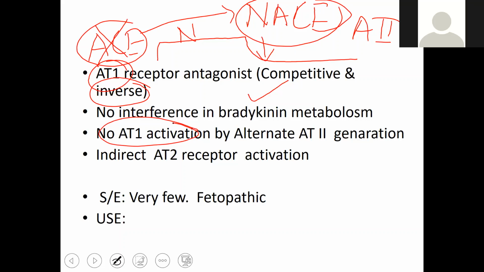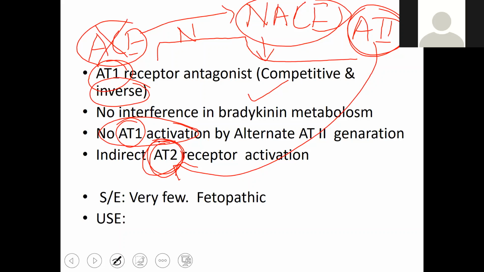Okay. At the same time, what happens? Whatever angiotensin 2 is synthesized, it must act on some receptor. If the AT1 is not available, AT2 is available because these ARBs are not acting on the AT2. So angiotensin will now act on the AT2 receptor. What will happen when it acts on the AT2 receptor?